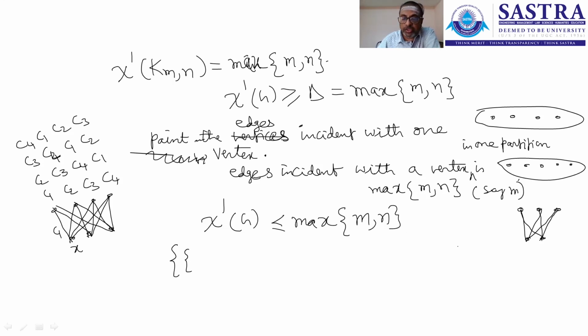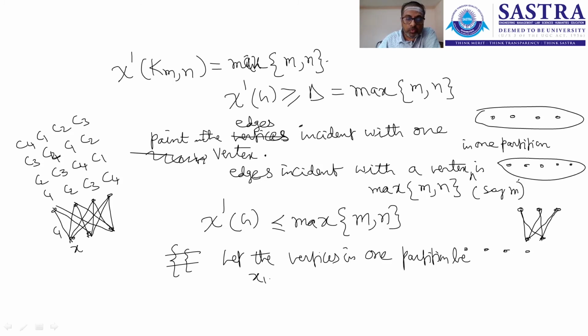I will name the edges like this. Let the vertices in one partition be x1, x2, so on, xm, and in another partition y1, y2, so on, yn.